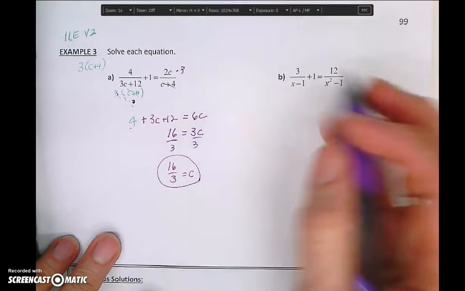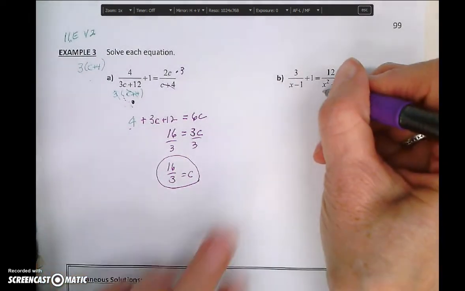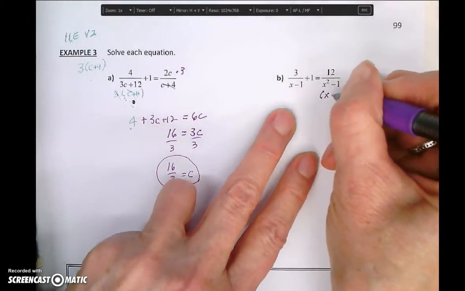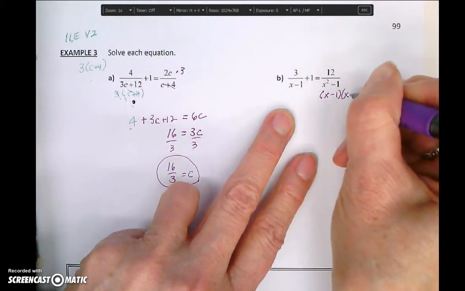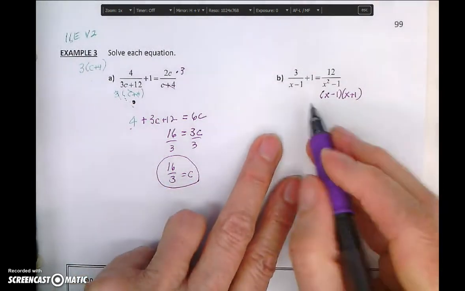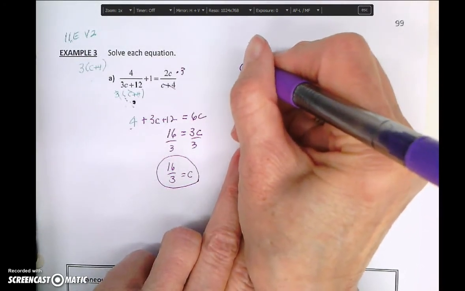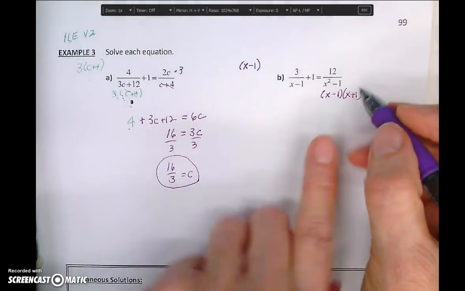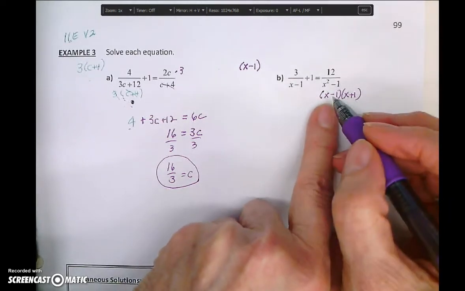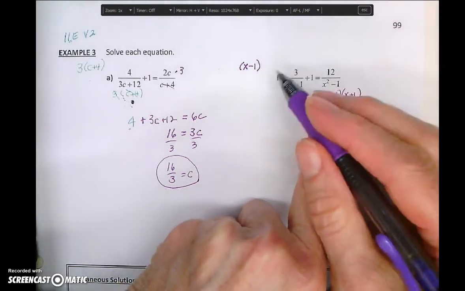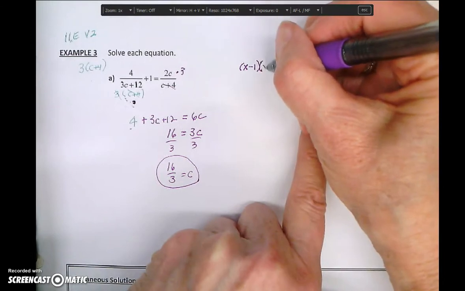Example B, again, I need to factor this one. So this will factor into x minus 1, x plus 1. So my common factor has got to have an x minus 1 in it. And then when I come over here, I need to have the combination of x minus 1 and x plus 1 in it.